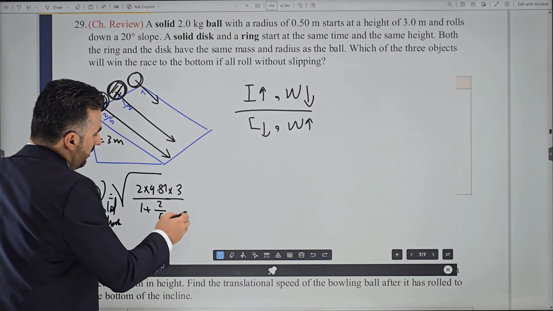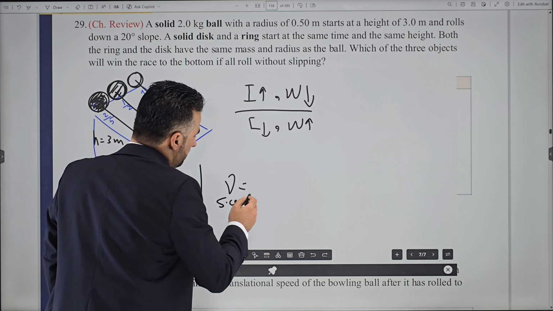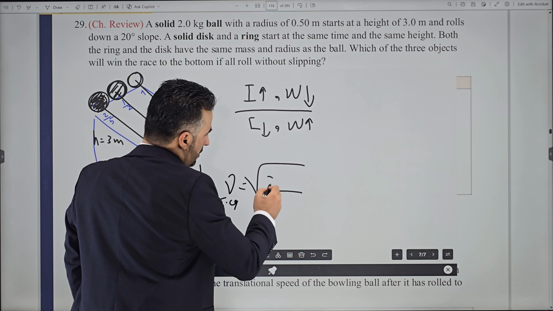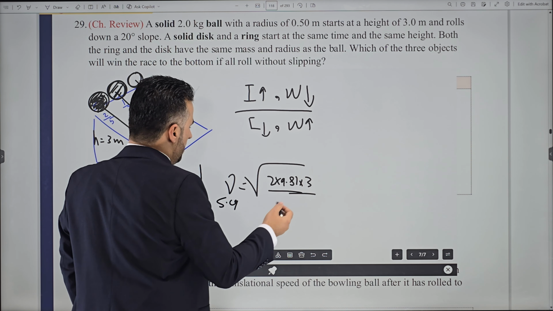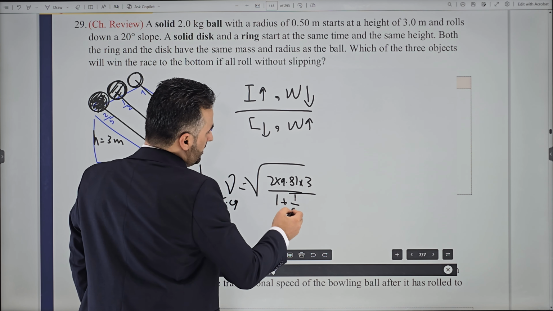That is first. What about for a solid cylinder? V for the solid cylinder is equal to the square root of 2gh, that is 2 times 9.81 times the height, which is 3. All of them are the same height. Divided by 1 plus 1/2.